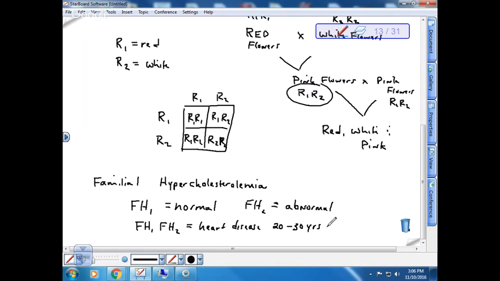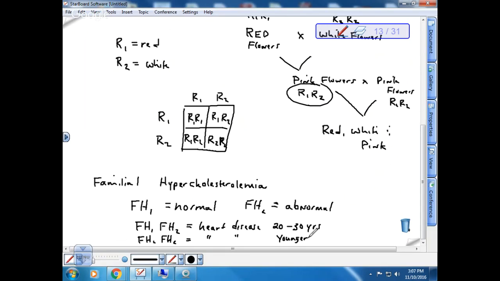But it is worse if you have 2 copies of the defective allele. So if you're FH2 and FH2, then you have heart disease when you are younger, right? So sometimes you hear of people when they're teenagers running around the fields at school, and then they just die of a massive heart attack.